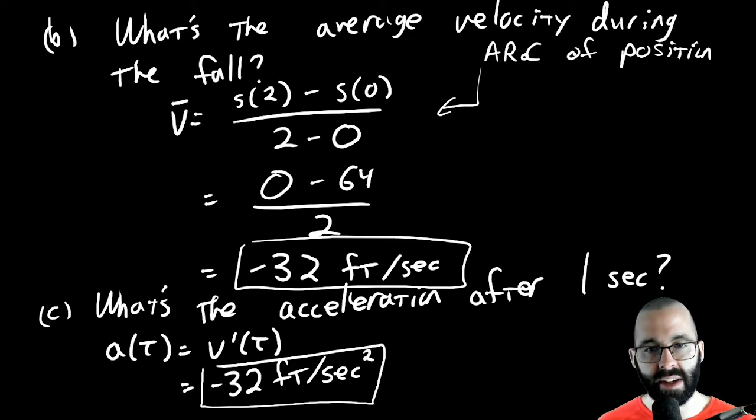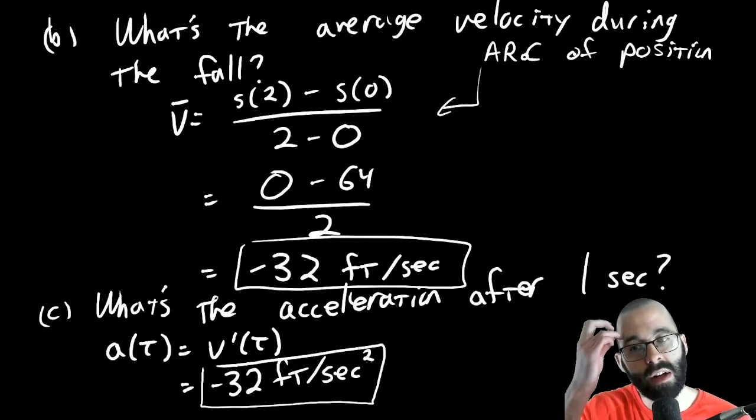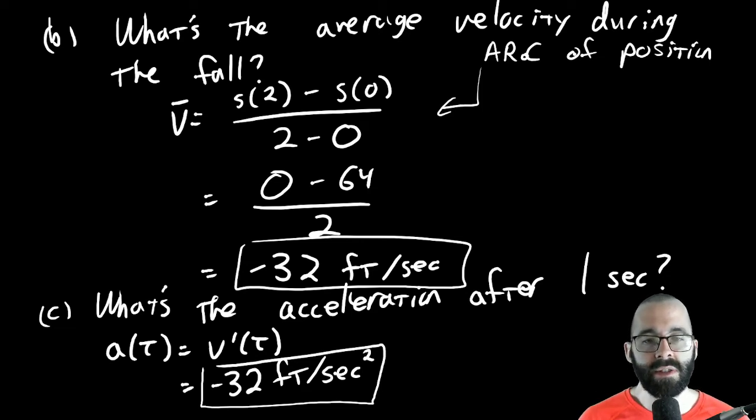Negative 32 feet per second squared, negative 9.8 meters per second squared are two very common approximations for the acceleration due to gravity on Earth anyway. Acceleration due to gravity is different on other planets. Anyway, I'm not going to start talking about that, but that's basically what's going on here.